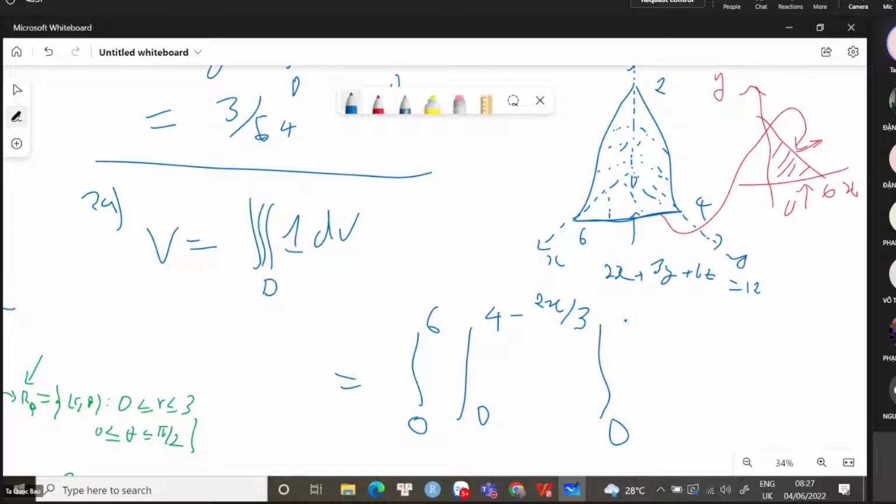So here is exactly 2 minus x over 3 minus y over 2. Okay, so here is 1 times dz dy and dx.